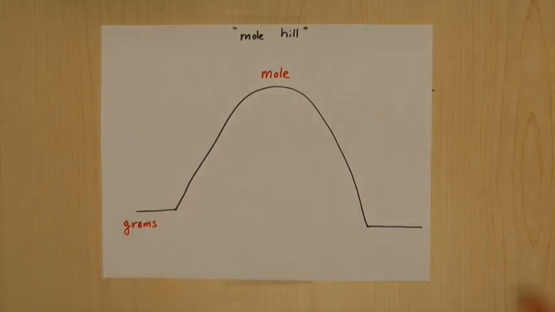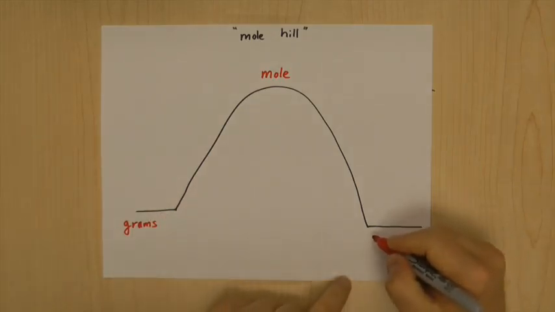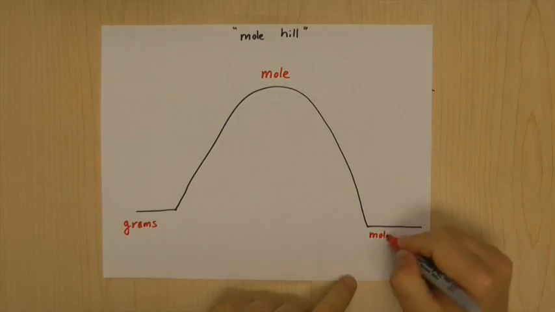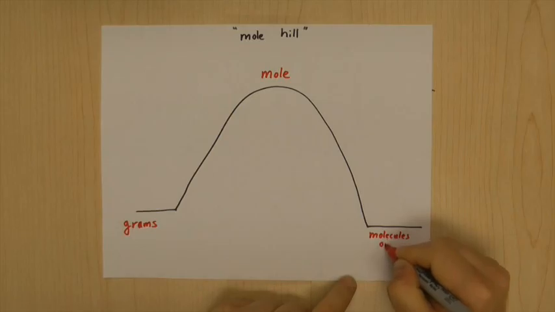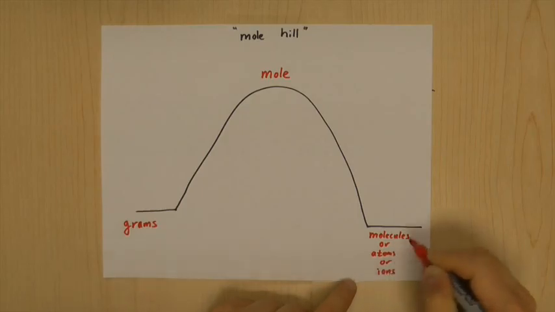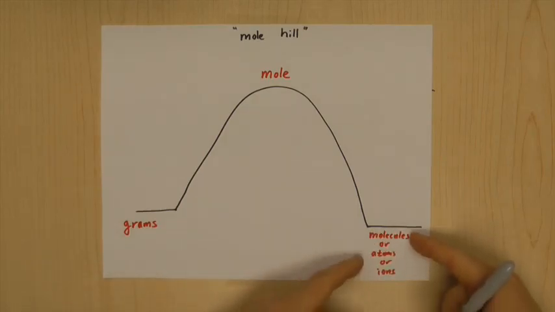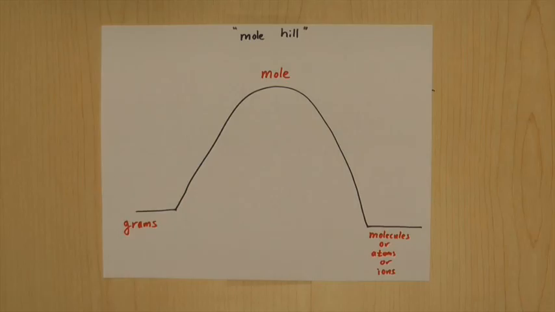Over here, on this side of the hill, is molecules, or atoms, or ions. All of this stuff is over here. Could be molecules, atoms, or ions, depending on what the question wants you to do.